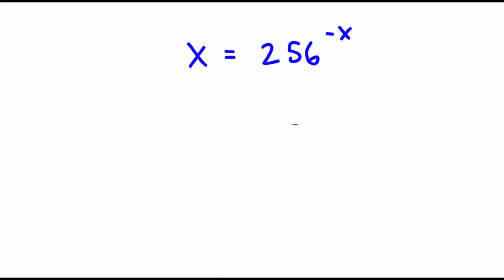Alright, so in this problem, I have x = 256^(-x). So to solve this, I'm going to start by taking the square root on both sides.